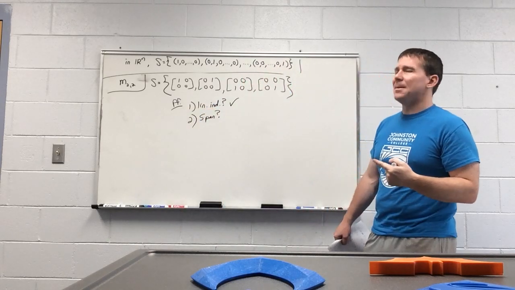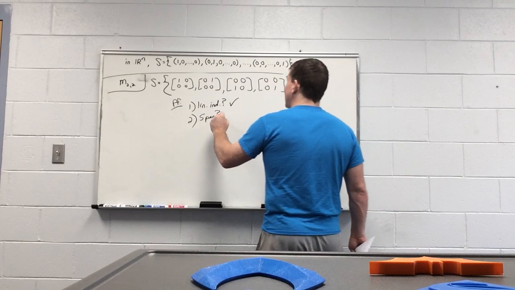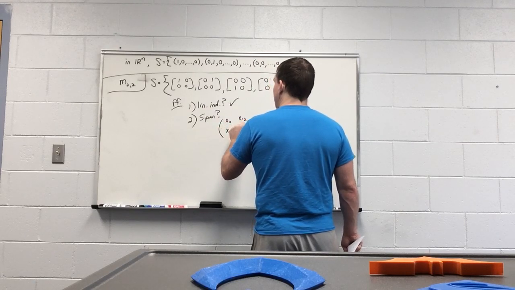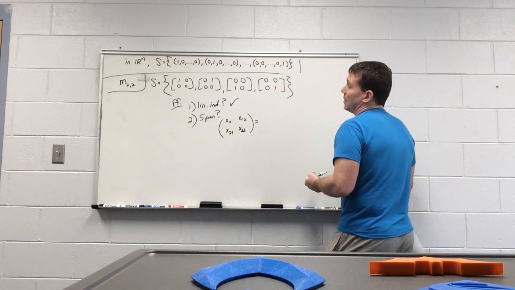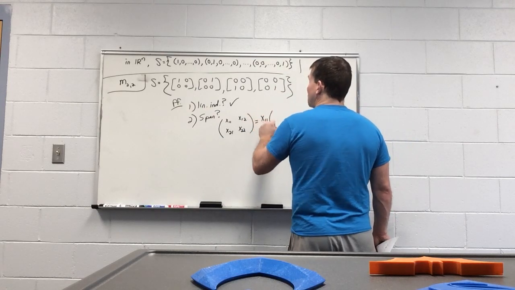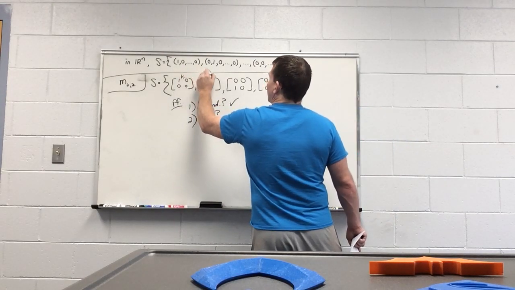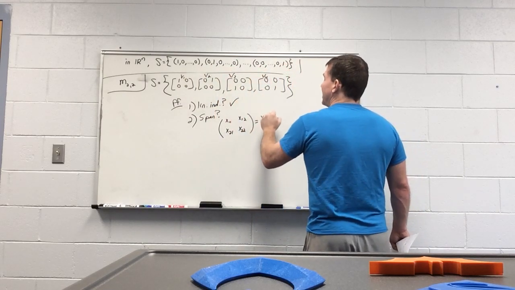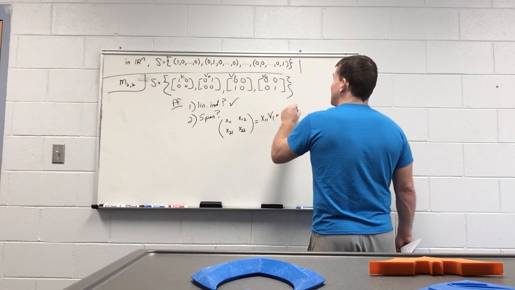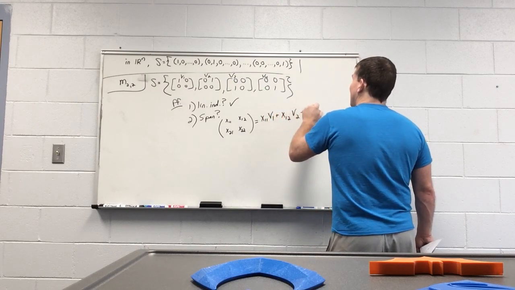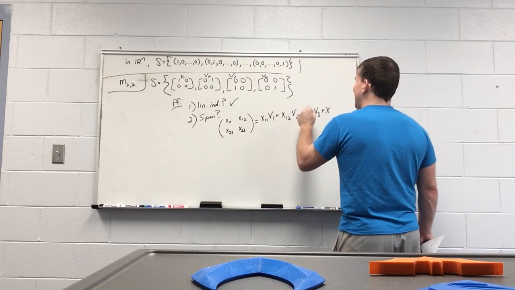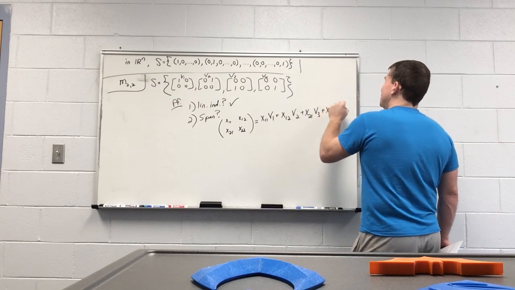Does S span M22? Well, sure. Again, if I pick an arbitrary vector in M22, x11, x12, x21, x22, that's clearly equal to x11 times v1 plus x12 times v2 plus x21 times v3 plus x22 times v4.